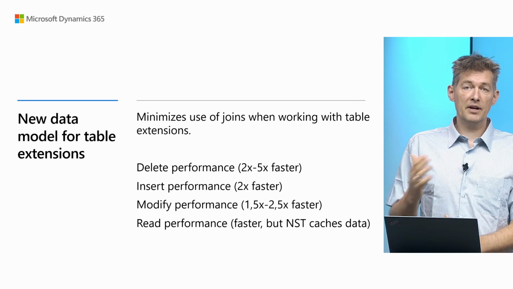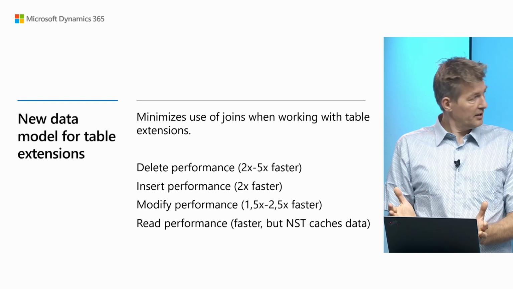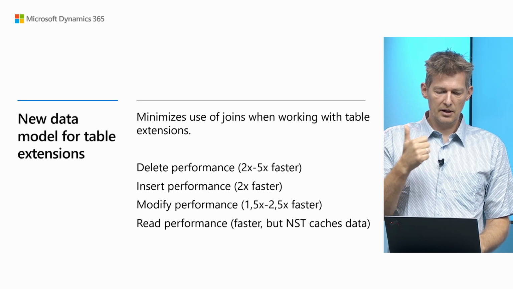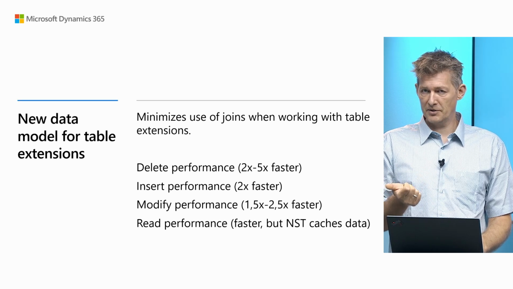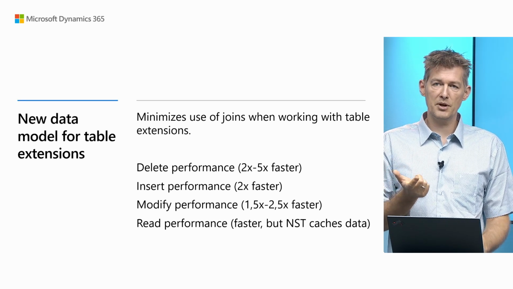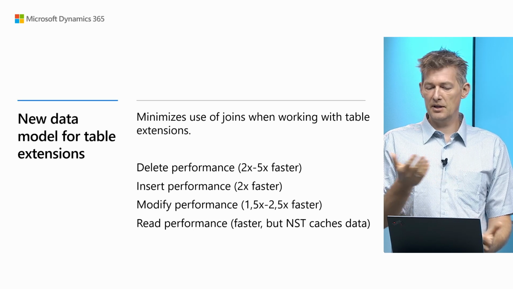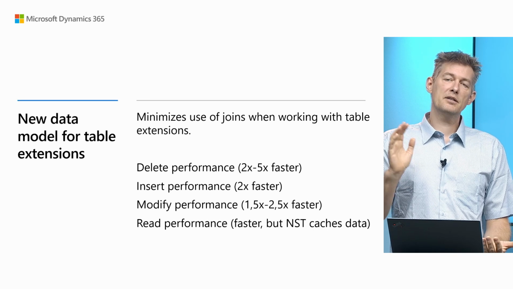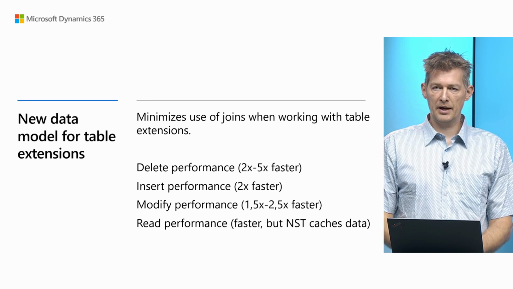And it severely affects, in a good way, the performance of database operations. Delete operations are 2 to 5 times faster, insert performance twice as fast on the measurements we have. Modify can also be 2 times faster, and read performance is definitely where we see the most impact.